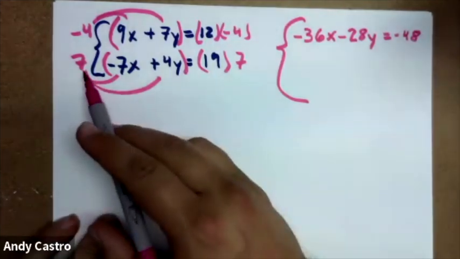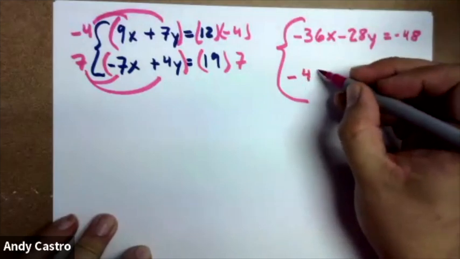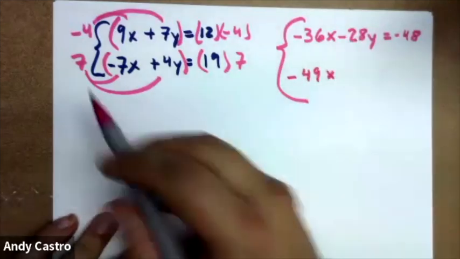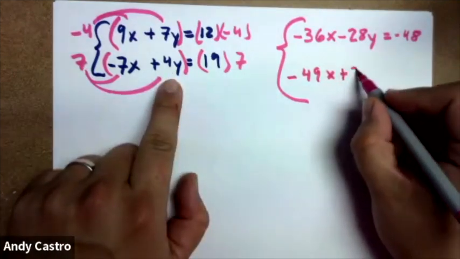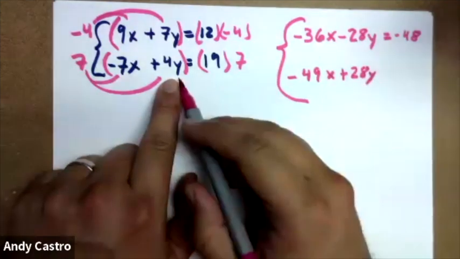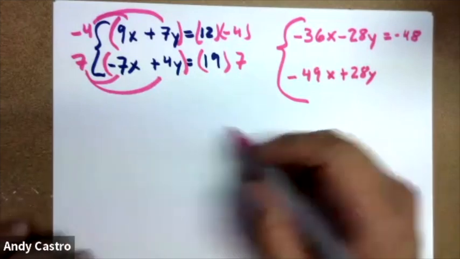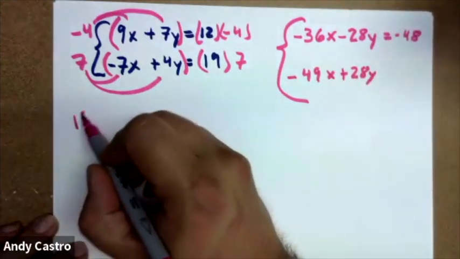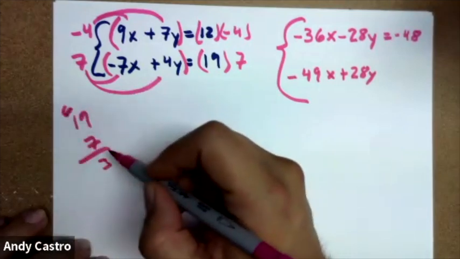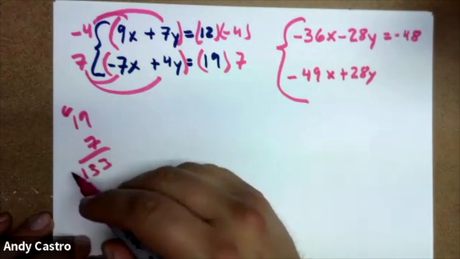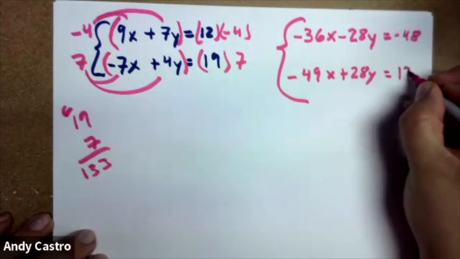All right, then here, positive 7 times negative 7 is negative 49x. Positive 7 times positive 4 is positive 28y. And then here, 7 times 19, I'm going to have to write this one out to the side. 133, equals positive 133.